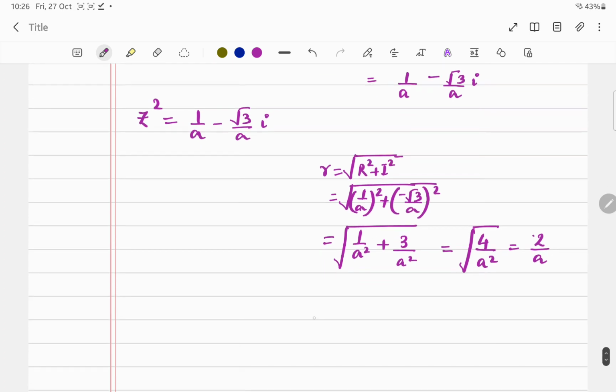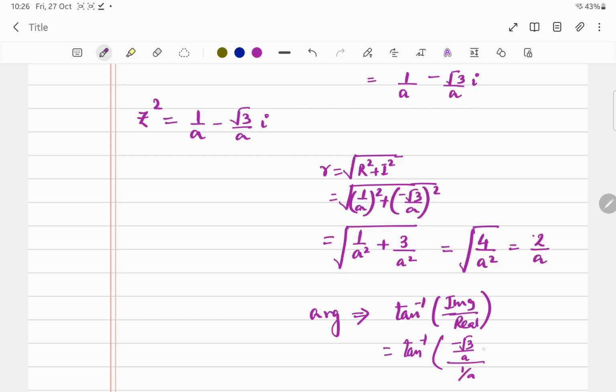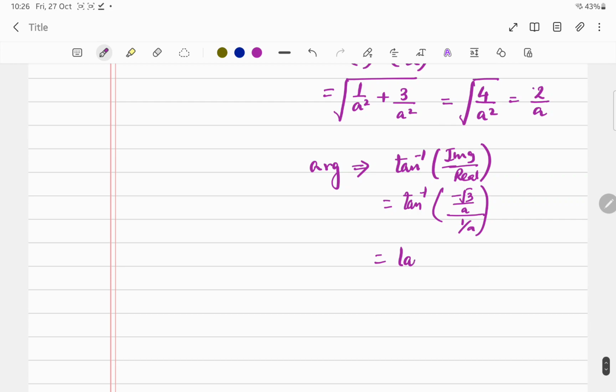We also need the argument. The argument is usually found as tan inverse of imaginary over real. So tan inverse of imaginary, which is minus root 3 over A, over real, 1 over A. So this is tan inverse of (minus root 3 over A divided by 1 over A), which is minus root 3 over A times A over 1.